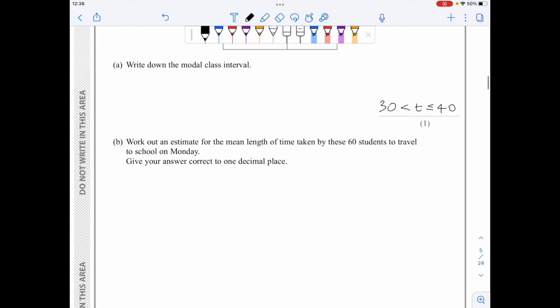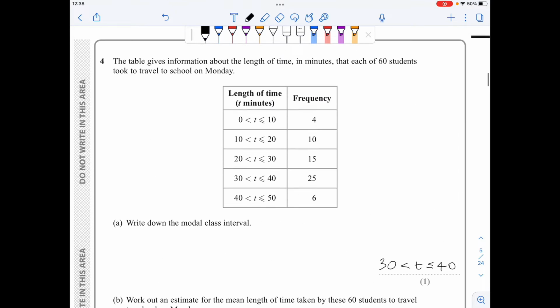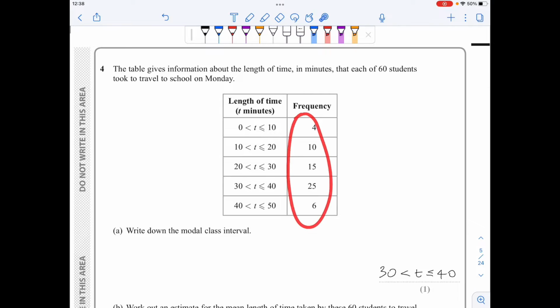For part B, I need to find an estimate for the mean length. Now, whenever I have a frequency table, the mean is given by sigma fx over sigma f. Now, the total of the frequencies is 60 because I have 60 students. You can verify this by adding the frequency column.